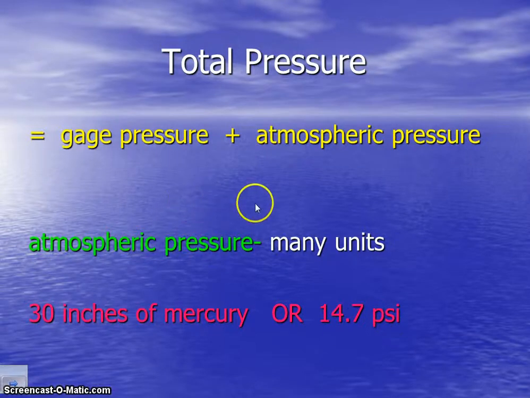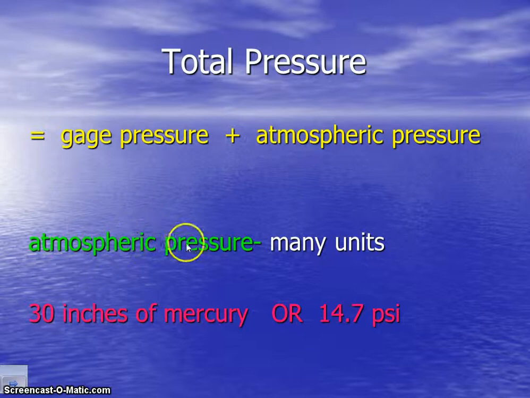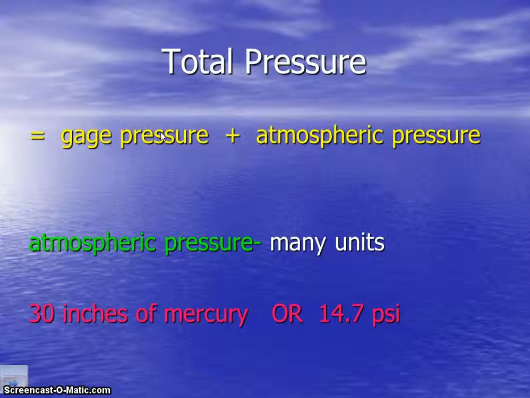So basically, that's going to be your atmospheric pressure, and which one you use is going to be determined by what units you want. Gauge pressure is like, let's say you take a tire gauge and you check the pressure in that tire, in PSI.